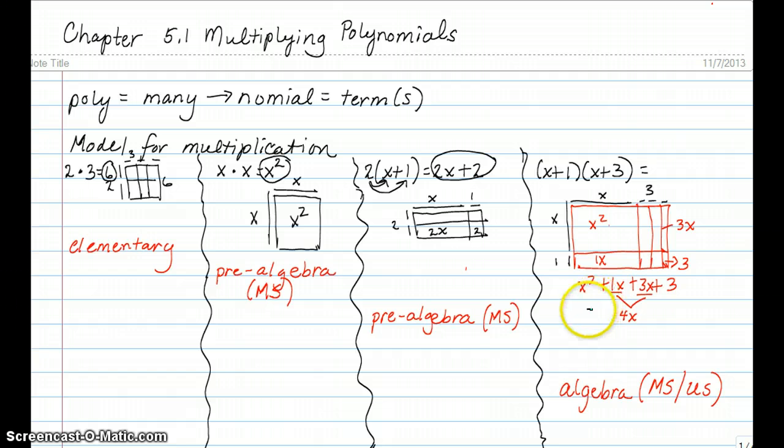You can't combine x squared with anything, so then we just bring that down, and you can't combine 3 with anything, so bring that down. This is the product. Product is an answer in multiplication of x plus 1 times x plus 3. So it's x squared plus 4x plus 3. Again, that is the product of these 2 binomials.